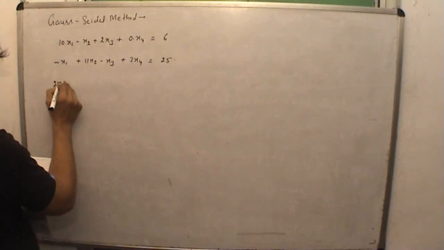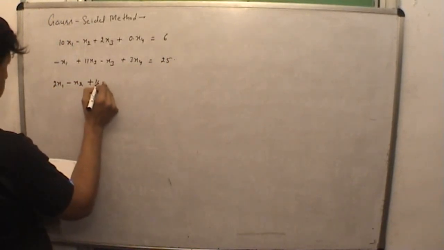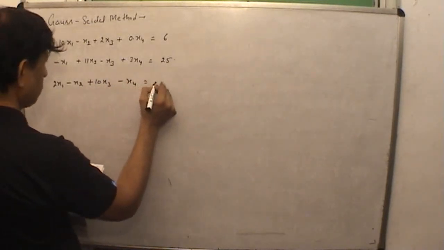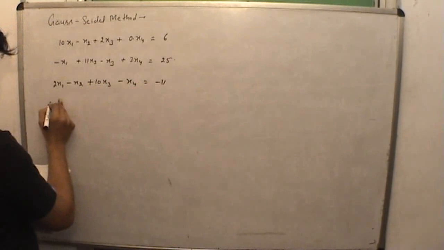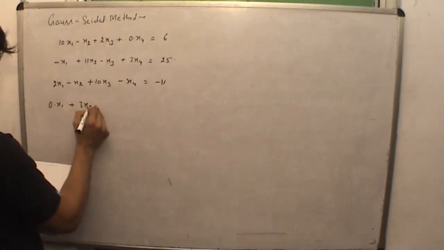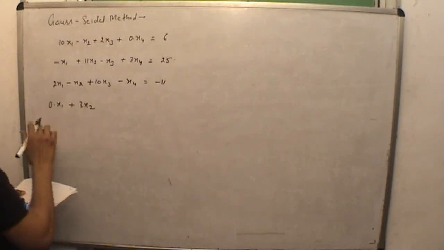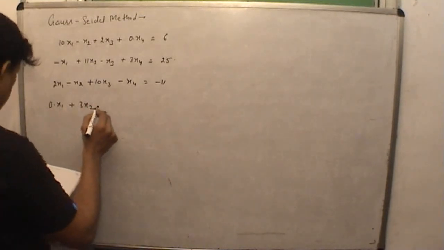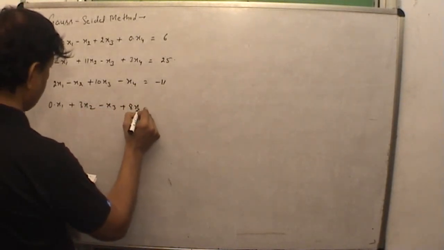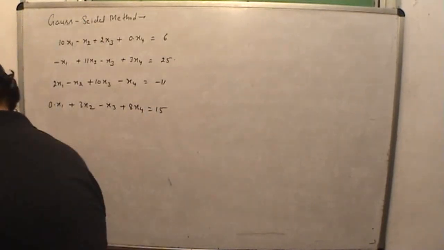Then 2x1 minus x2 plus 10x3 minus x4 is equal to minus 11. 0 into x1 plus 3x2, x1 was absent here, so we can represent it in this way: minus x3 plus 8x4 is equal to 15.